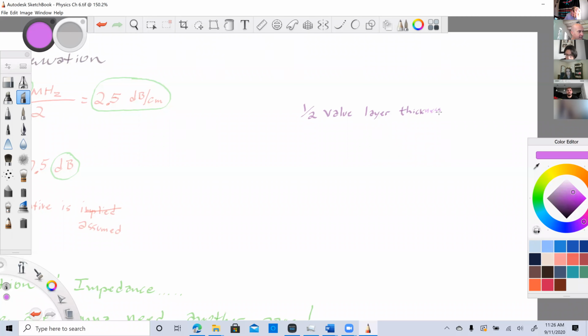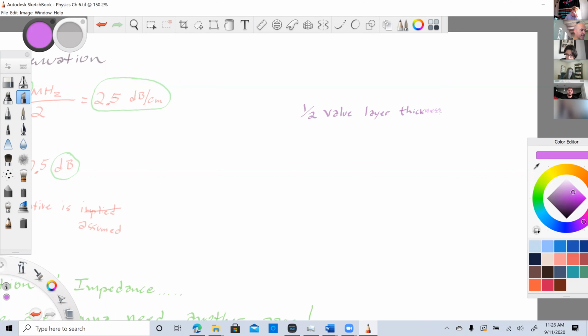Another term that helps simplify the discussion of attenuation is half value layer thickness. It's kind of like a half-life of a radioactive material. A half-life might be a week, a year, 10,000 years. It's how long it takes for half of a radioactive substance to radiate away, or at least undergo radiation.